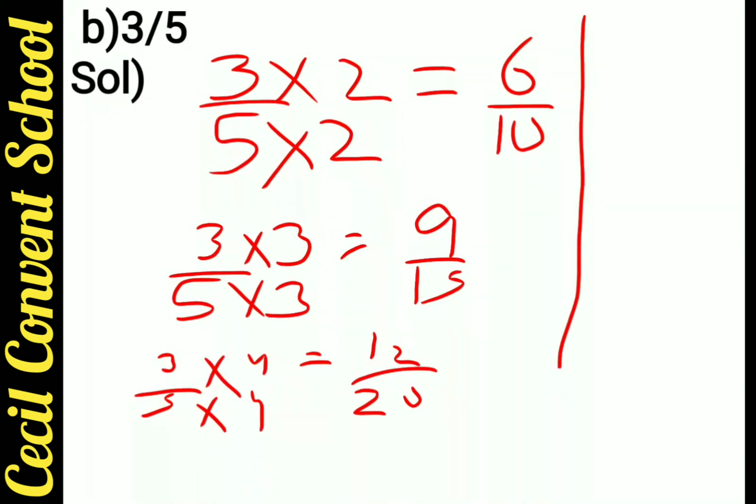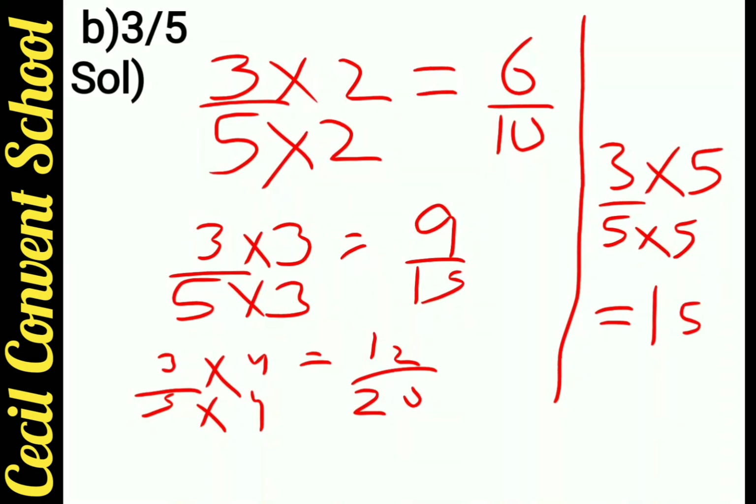Now I have less space, so I am writing here: 3 by 5 you have to multiply by 5, because we need the first 4 multiples. So the answer comes 15 by 25. Clear?